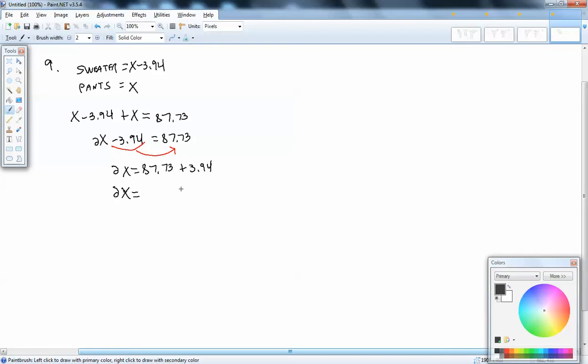Okay, 87.73 plus 3.94. Okay, 91.67. Then divide both sides by 2, which gives us 45.835.